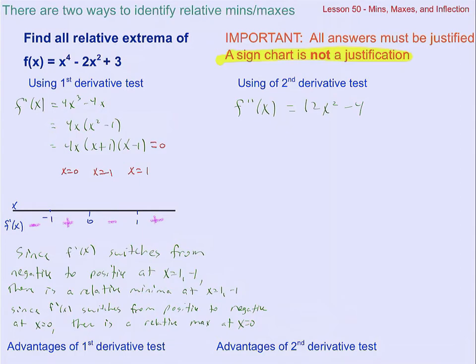And so what we care about are f double prime of 0, f double prime of 1, and f double prime of negative 1. So f double prime of 1 is equal to 12 minus 4. F double prime of negative 1 is also equal to 12 minus 4. And f double prime of 0 is equal to 0 minus 4, which is negative 4.